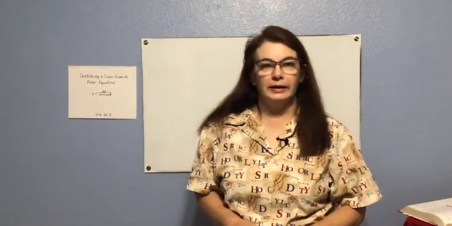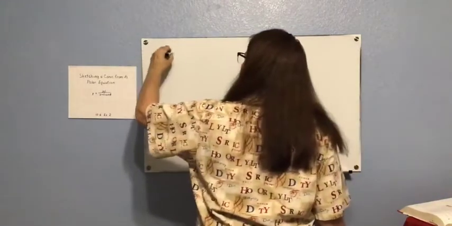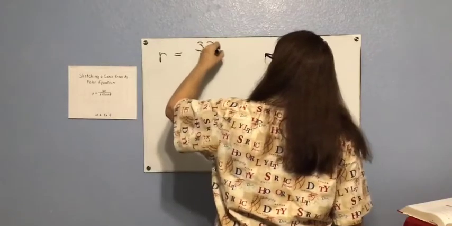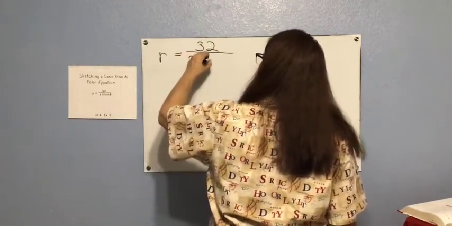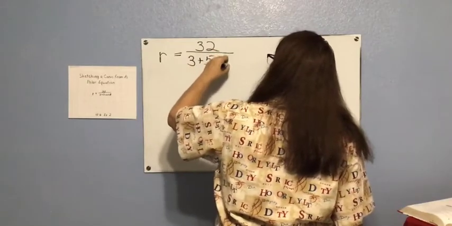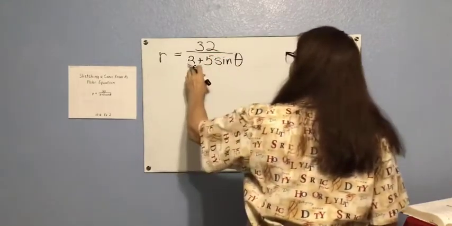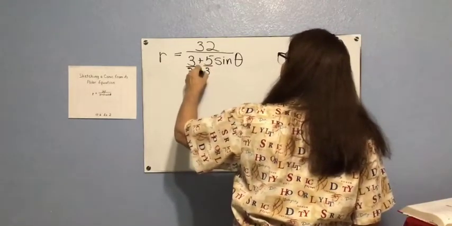Let's look at another equation. We've got r is equal to 32 over 3 plus 5 sine theta. Again, I need this 3 to be a 1, so I'm going to divide everything by 3.